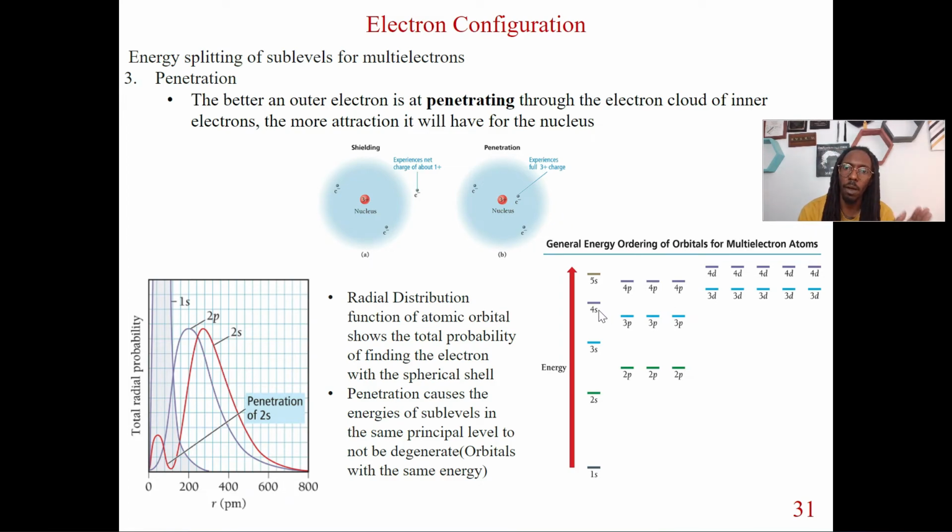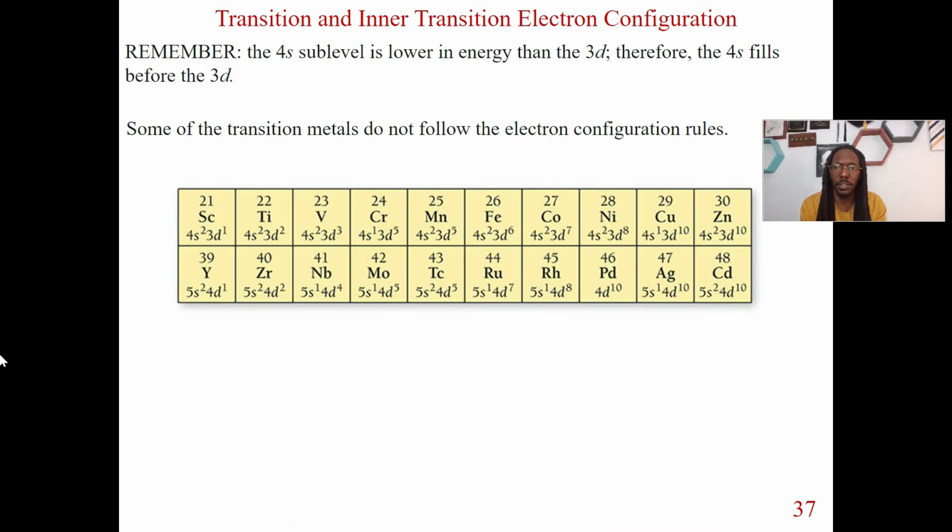This is the reason why 4s comes before 3d, followed by 4p. Then we have another situation where our 5s energy level is actually lower than our 4d energy level, because S's are the lowest and D's are the highest in energy. So when it comes to the periodic table, that will have an impact. We can see some different examples here.